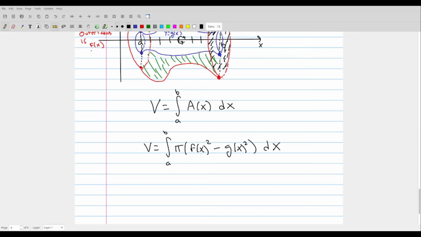And this is the formula for the volume of this more complicated region.